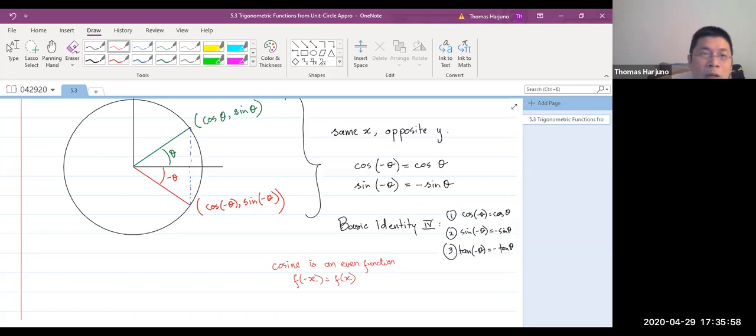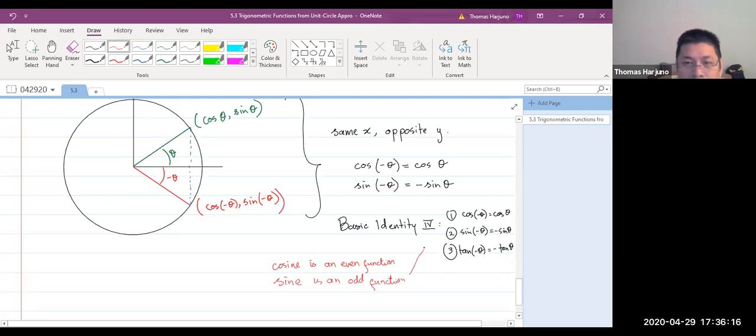While with a similar idea, we can say that sine is an odd function. Because of this, sine of a negative angle equals negative of the sine of that angle. And using the definition from basic identity 1, tangent negative theta is negative tangent theta.